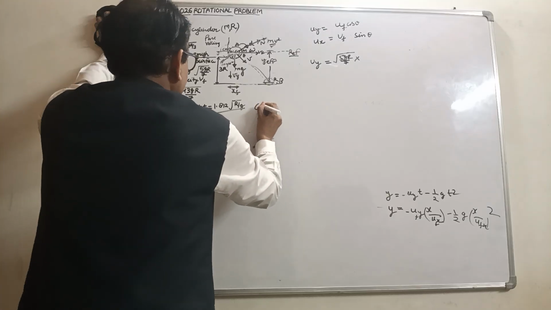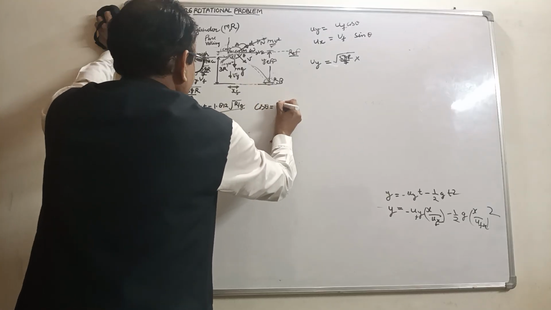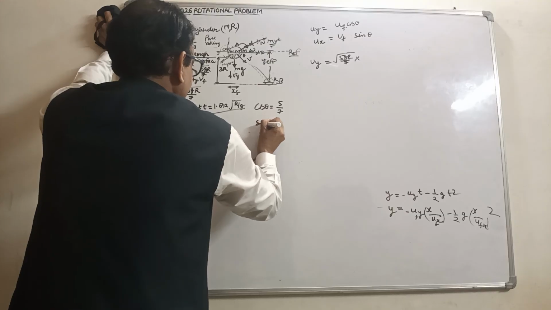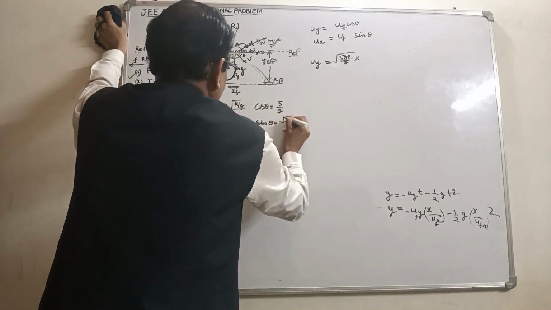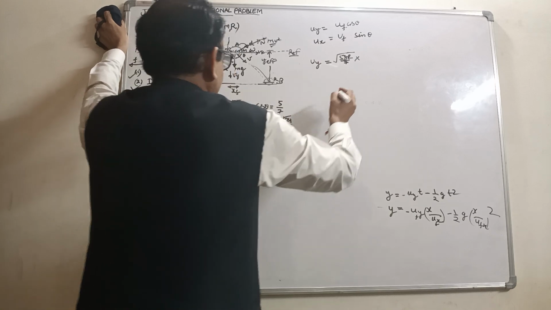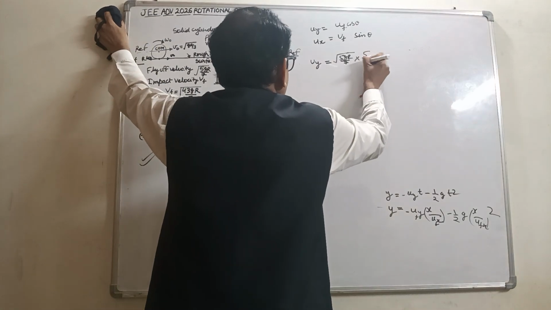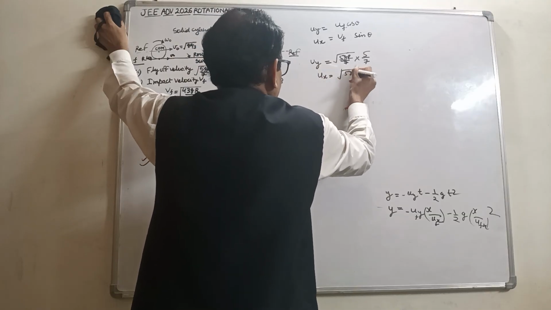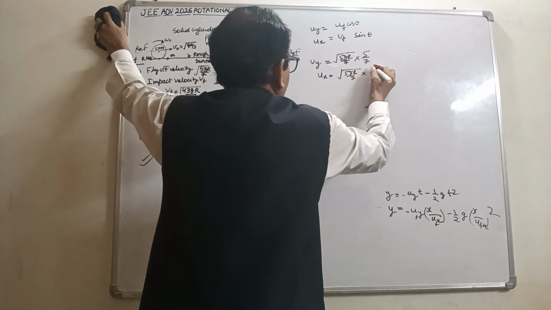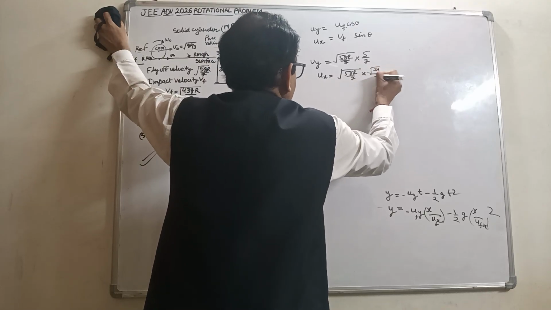Cos theta is 5 by 7 and sin theta is root 24 by 7. So placing the values, ux would be under root 5gr by 7 into cos theta, and uy under root 24 by 7.